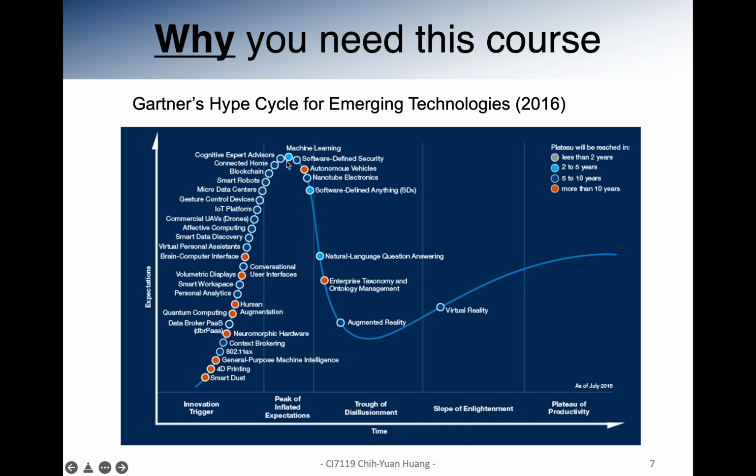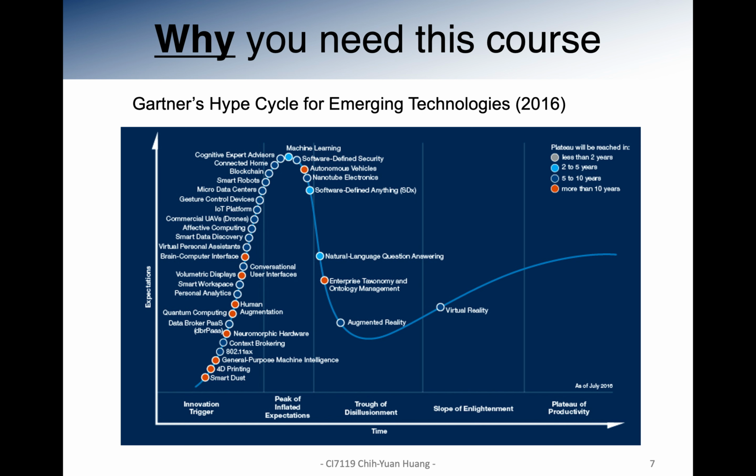For example, autonomous vehicles, AR, VR, smart robots, connected home, IoT platforms, and UAVs, and also smart dust, which means that we can have very low cost, cheap, and very small sensors. We can spread them out everywhere to collect any types of sensor observations for us to monitor the dynamics of the Earth.